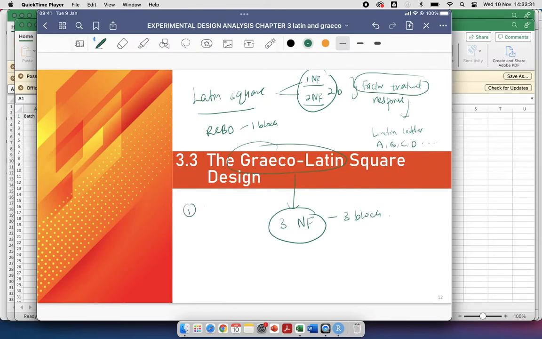First is nuisance factor 1, nuisance factor 2, and nuisance factor 3, and then number 4 is the treatment, and last, number 5 is the response. So you see the difference between Latin square and Graeco-Latin square.